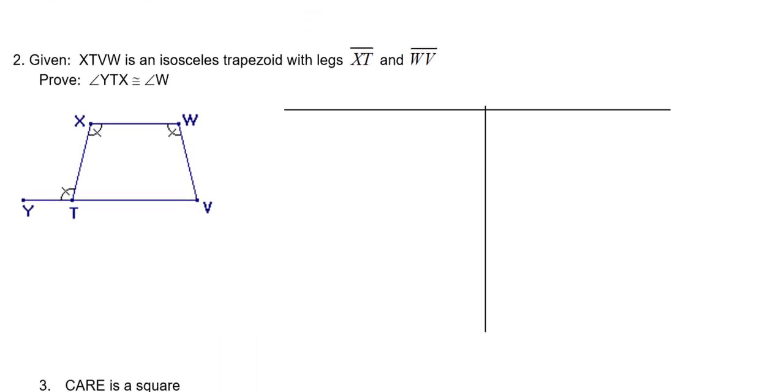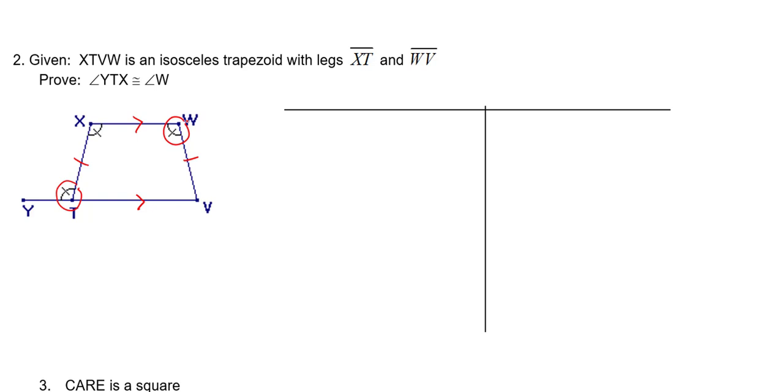All right, got a proof here, so let's try this one. Given that this is an isosceles trapezoid, I know that this side is parallel to this side. I know that this is congruent to this also, because it's an isosceles trapezoid. Those are all properties of an isosceles trapezoid. And you want to prove that angle YTX and angle W are congruent to each other.